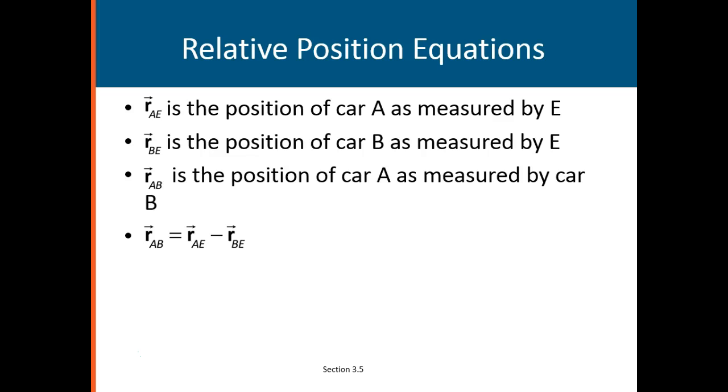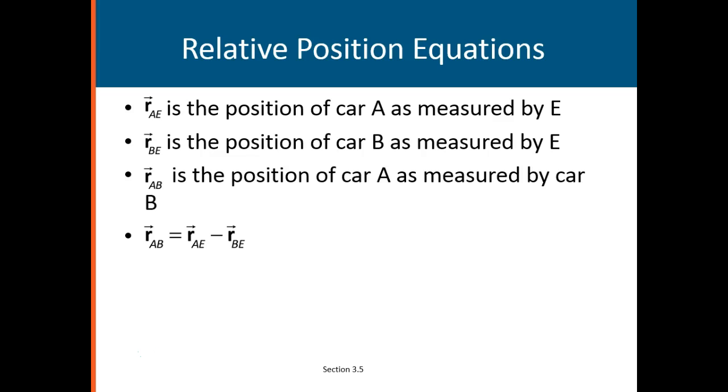R_AB is the position vector of A relative to B, measured from car B. It's going to be different from these two, and here's how it's different: R_AB is equal to R_AE minus R_BE.